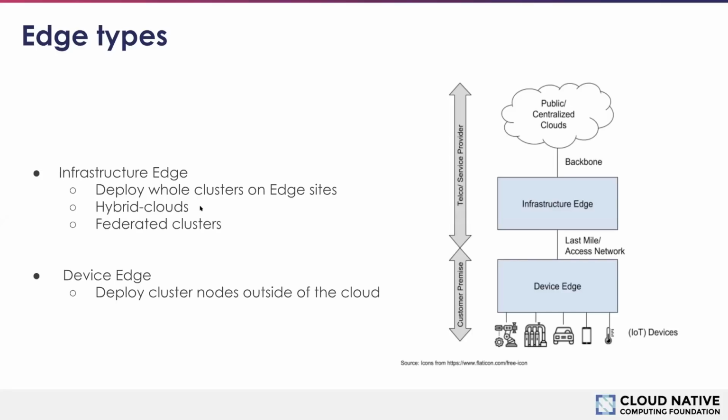First one is the infrastructure edge. I also read somewhere today the term heavy edge, which could describe this category pretty well. And you can see this is the edge site which is outside of the public centralized cloud, but it still has a good networking infrastructure and basically more resources there.